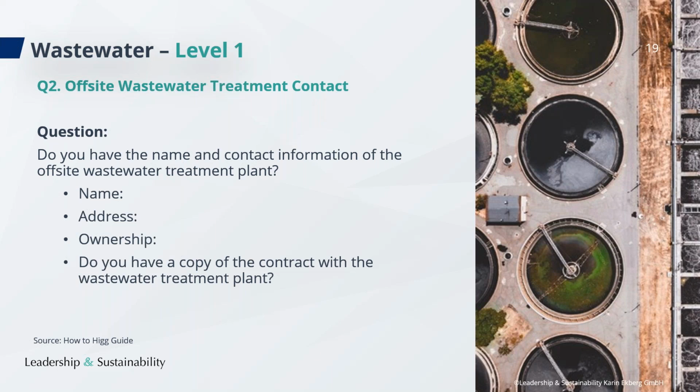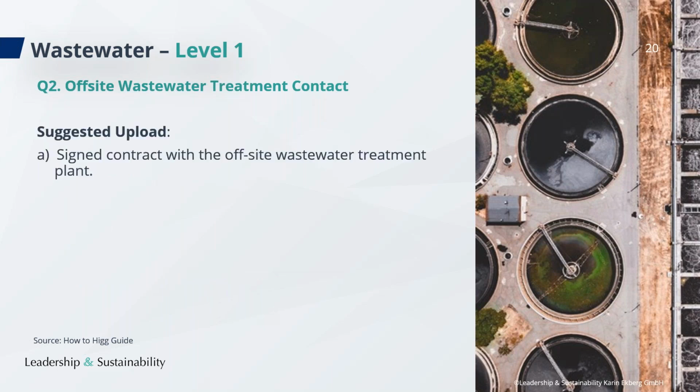And this is different from facility to facility, from country to country, and from community to community. Sometimes you have a specific contract with the wastewater treatment plant, and sometimes you don't. So it depends a bit on how it is regulated and organized in your local community. So if you don't have a copy, then you probably have some other contract with the setting and with the factories that you have around you.